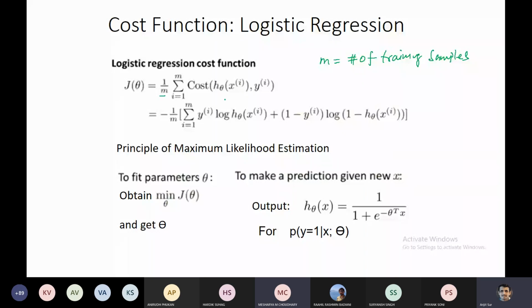So if we do this exactly, we get this function: minus 1 by m times the sum of y_i log h_theta(x_i) plus (1 minus y_i) log of (1 minus h_theta(x_i)). As I said, this comes from the principle of maximum likelihood estimation. That is a well-known result of statistics.